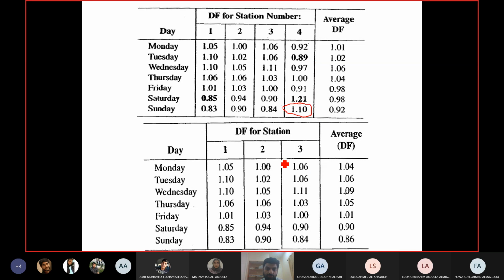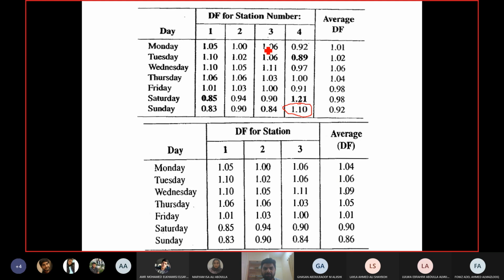Okay, so when you combine 1, 2, 3, the averages are these. And when you take the difference, for example, the difference of 1.04 with these 3 values, you can see all of them are very close to each other. Now, these 3 stations did not have any problem in all the days except on Saturday, right?